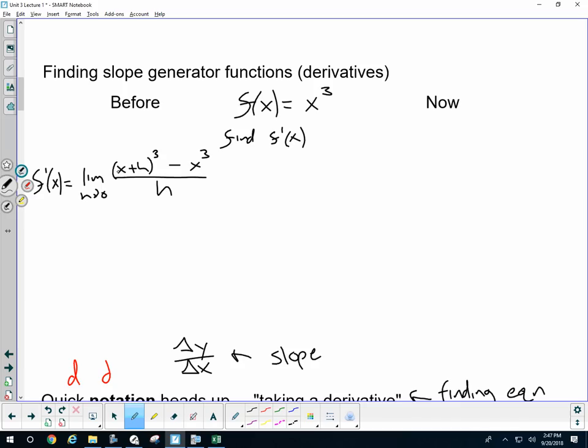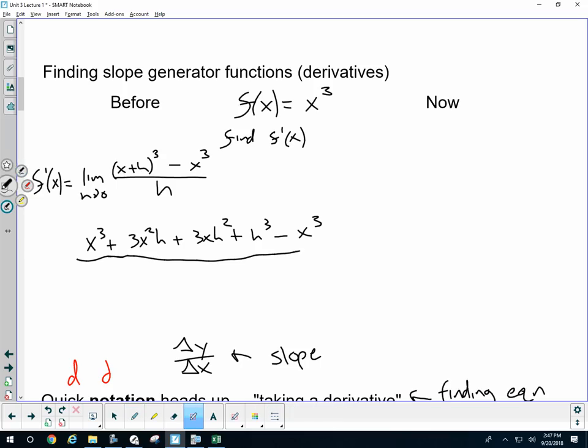You'd have to cube this, and you'd find it's like x cubed plus 3x squared h plus 3xh squared plus h cubed minus x cubed over h. You would cancel the x cubes.